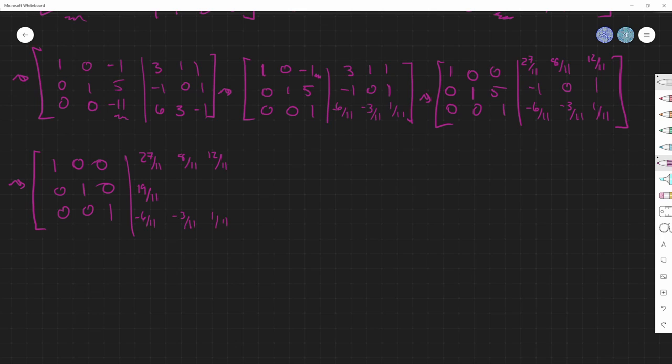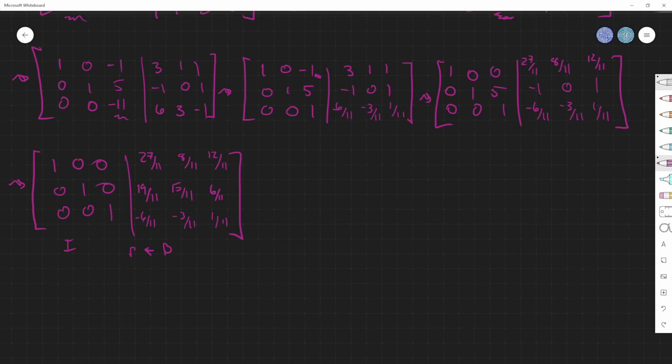So 3 times 5 is 15 over 11. Ooh, I like that. And then lastly, we have another one, and we'll multiply by negative 5. So that'll be 1 minus 5 over 11, so that'll be 11 minus 5, which would be 6 over 11. We have our identity, we have our change of bases.